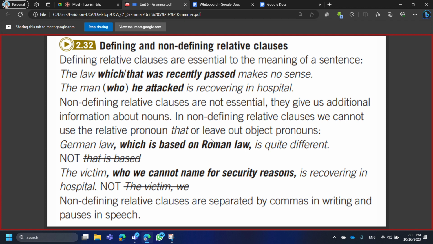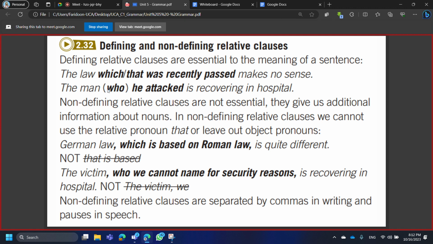And also, we cannot leave out object pronouns. This is a little rule that students actually study in, I think, B2, upper intermediate. You kind of maybe remember it. If our clauses were defining relative clauses, and the relative pronoun we have in here, like who, which, or that, could also be the object pronoun and not the subject pronoun.